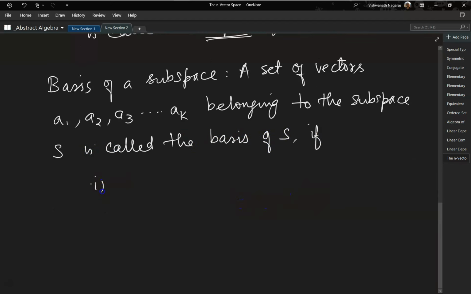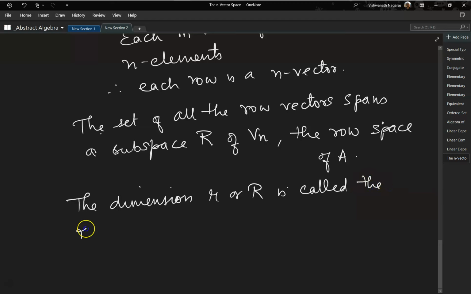This subspace is called the row space of A. Now, the dimension of R is called the row rank of the matrix. That is, row rank of a matrix is equal to the max number of linearly independent rows of A. So we have looked at row rank of a matrix.